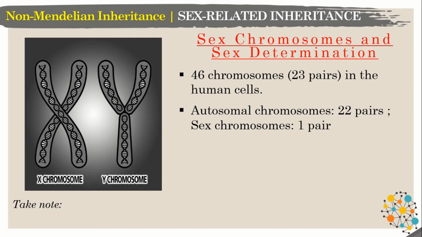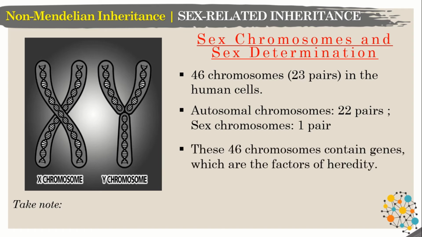We said that of those 23 pairs, 22 are autosomals or autosomes, wherein they are the ones who carry the traits, and then the last pair is for your sex chromosomes, to determine whether you are a boy or a girl. Okay, so to make it 23.